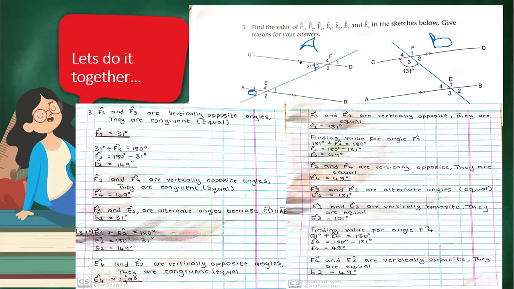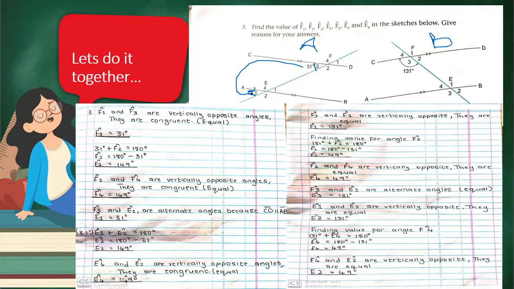We can see that angle E3 and angle F3 are our corresponding angles, right? Since they are corresponding angles, we know that corresponding angles are equal. So our value for angle E3 equals 31 degrees. Why is it 31 degrees? Because it's a corresponding angle to angle F3.